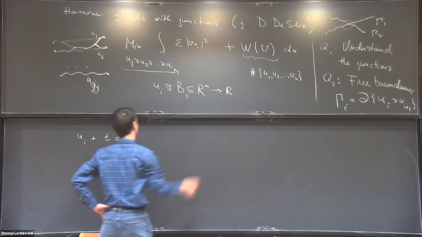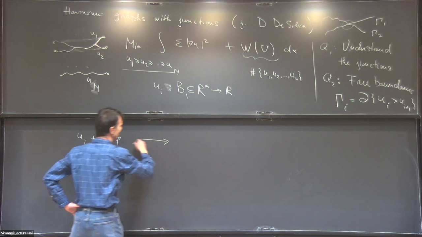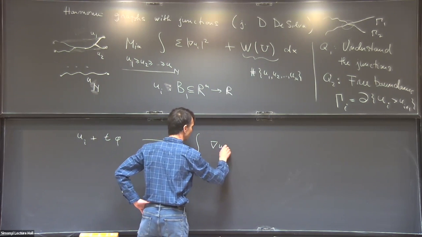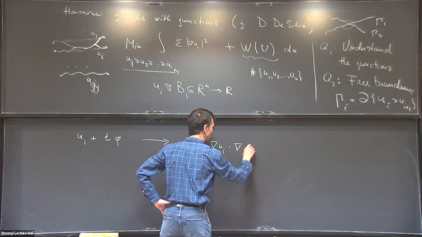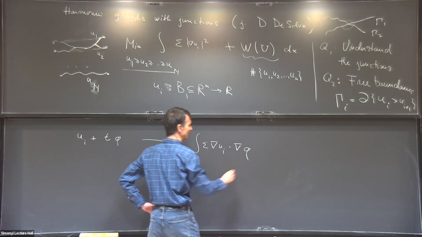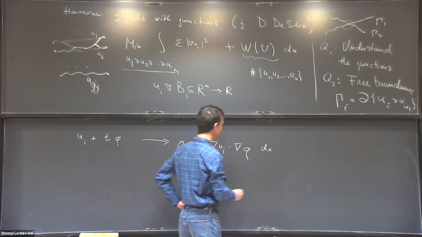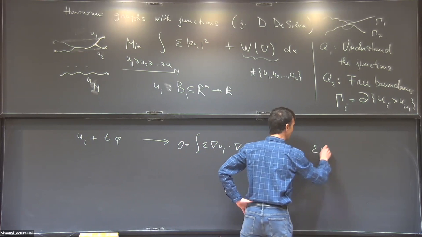So when you look at what you get as you let t tend to 0, you get that the integral of gradient of ui dot gradient of phi, the sum, where all this dx is 0, which means that the sum of ui is harmonic.